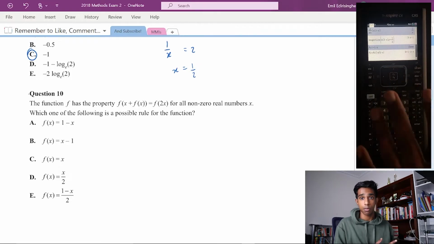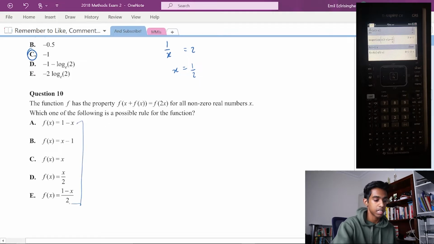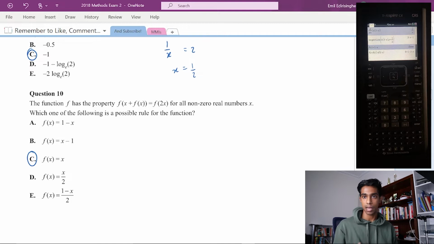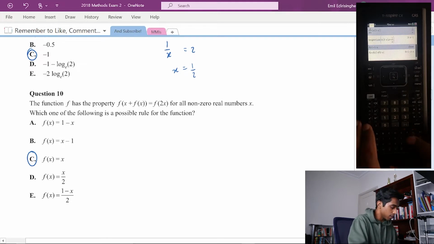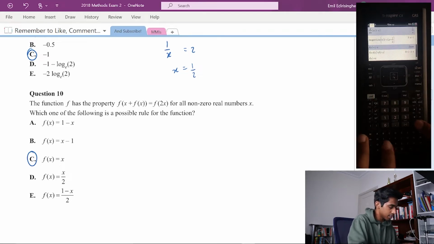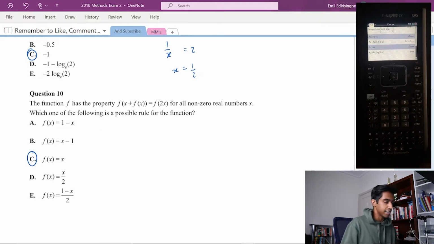And this one is not going to be the answer because it doesn't give us a true. But just looking at the answer options here, I can see that it's probably going to be C, because f of x plus x is going to be x plus x, which is 2x, which is also the same as f of 2x. But just to show you how it works on the CAS, I'll write it in again. So I do f of x equals x, and then I can essentially just copy this from 2 points above, and it tells us that it's true, and that's why the answer is C.